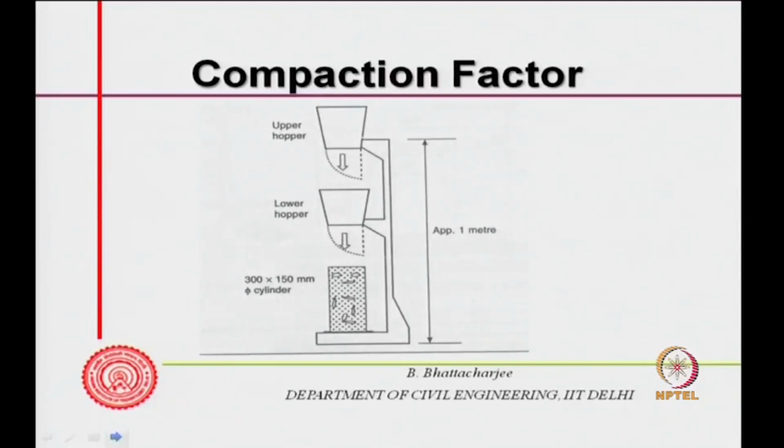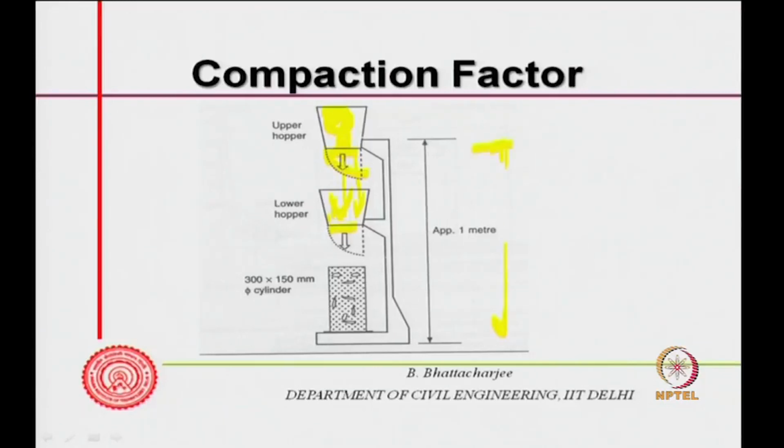Compaction factor is the other test, where you have a hopper in which you fill the concrete in 3 layers. There is a gate here which you can open. So, you open it, the concrete just goes down, and it is closed now. So, there is a kind of standard compaction you have achieved here by a drop from the upper hopper to the lower hopper. This is about a meter height.